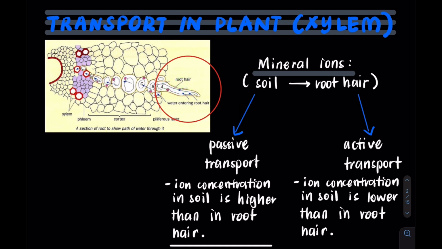But if the concentration of ions in the soil is lower than in the root hair, ions will enter the root hair by active transport because the movement is against the concentration gradient.